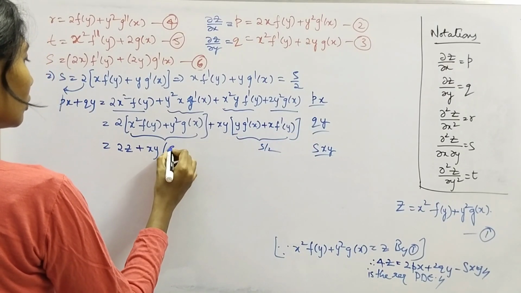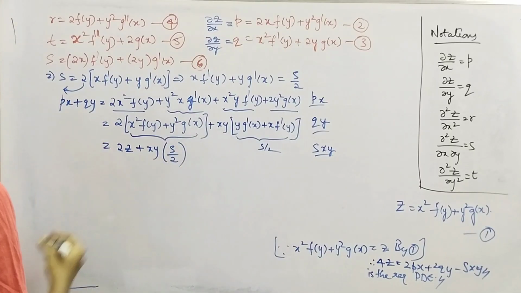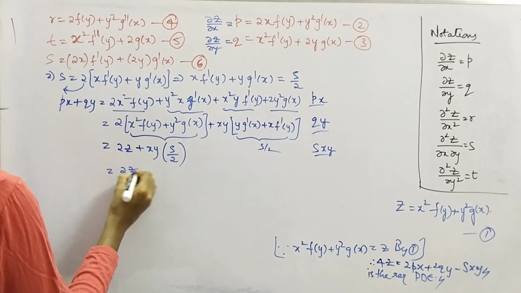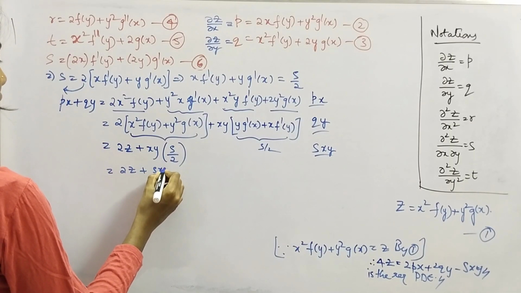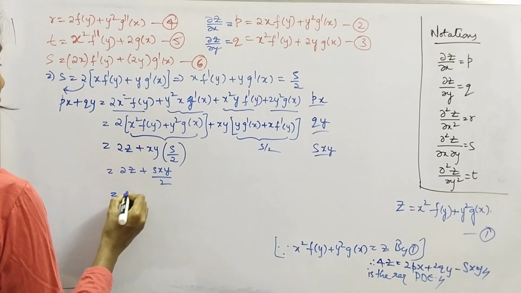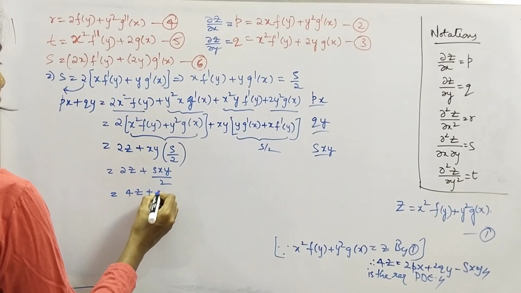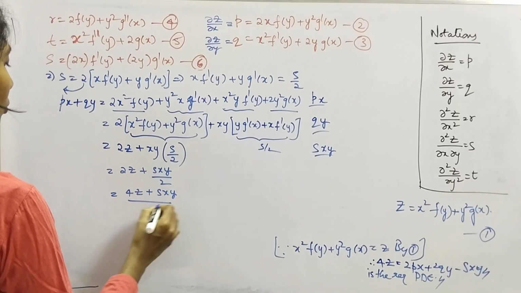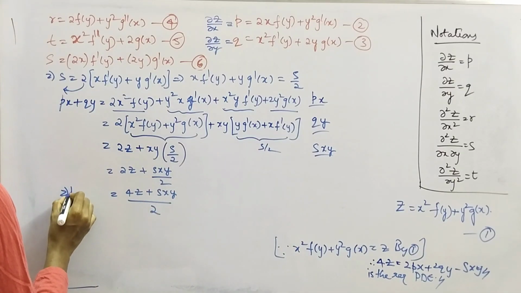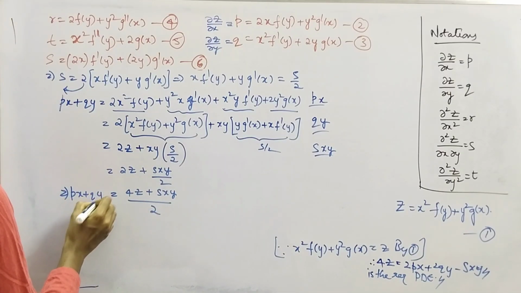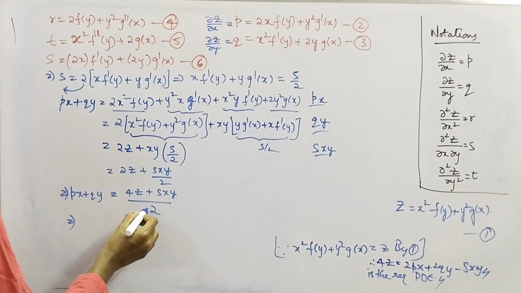You'll get 2z plus sxy by 2. Now take the LCM, you'll get 4z plus sxy by 2. In LHS you have this, right?